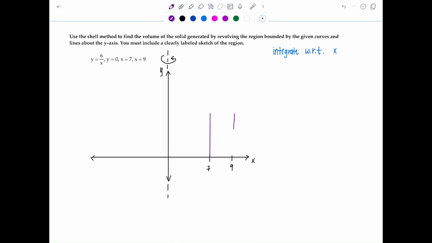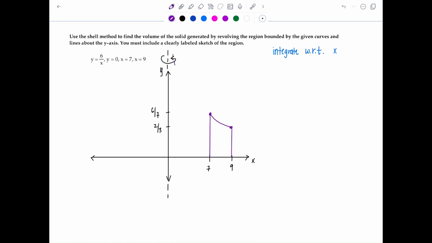Here are these two vertical lines. And if y equals 6 over x, this is 6 over 7, and then this is 6 over 9, which is 2/3. And then just connect it. It's going down like that, okay?